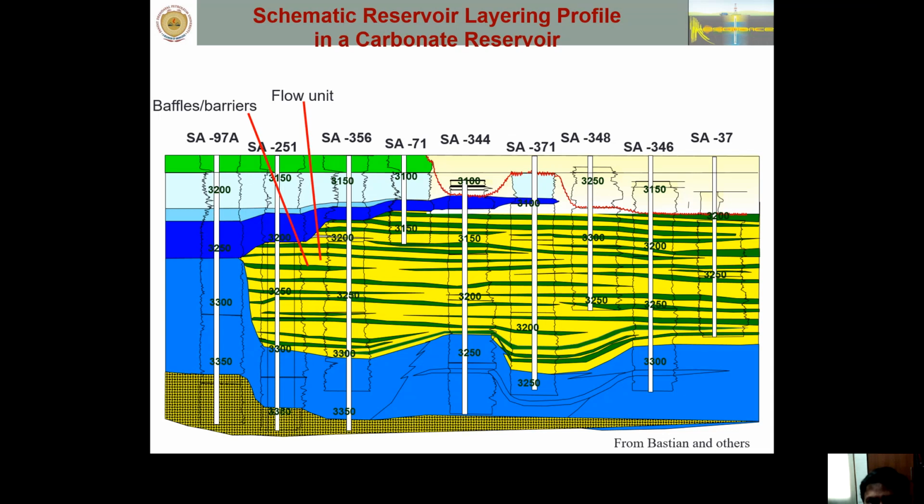And based on the flow units, we can correlate between the formations. And you can see here a correlation between various well logs, which has been converted into lithofacies and has been correlated from well to well.